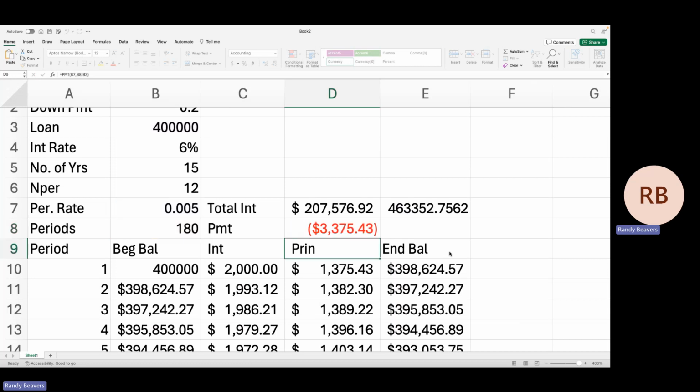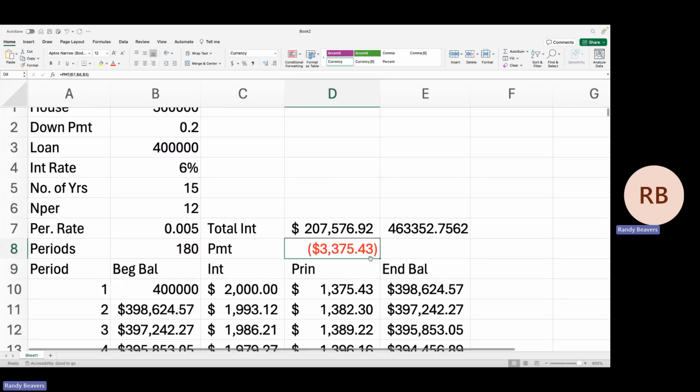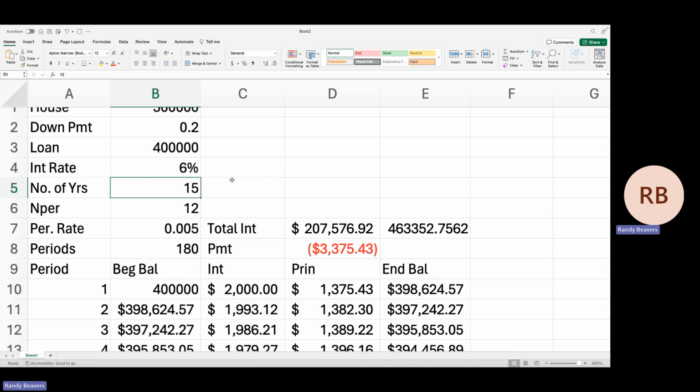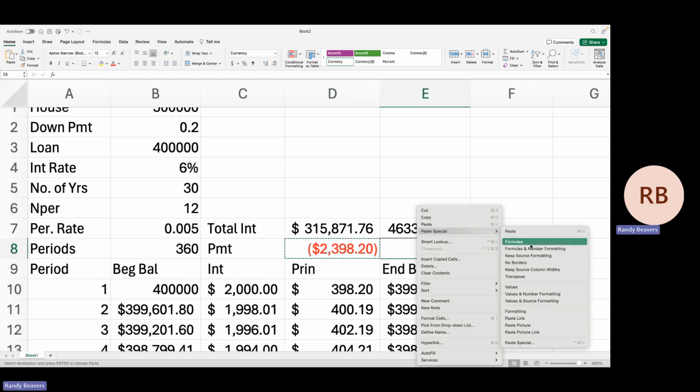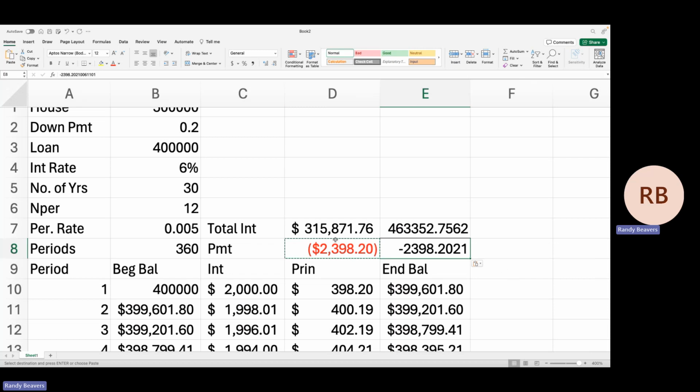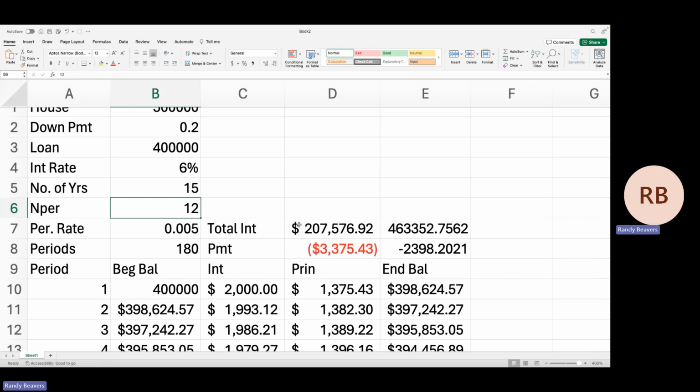All right. But also note your payment went up. So previously the payment was going to be $23.98. So you are going to pay more per month. So if you can't afford that, that's understandable. But a little bit higher payment, save on that interest over time.